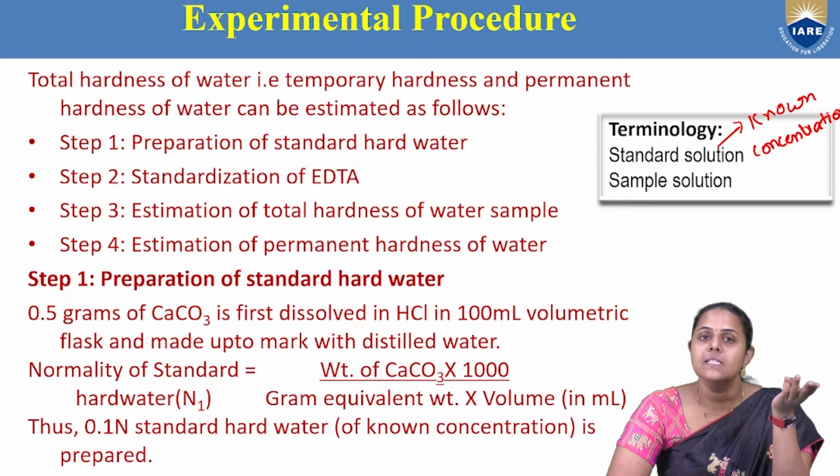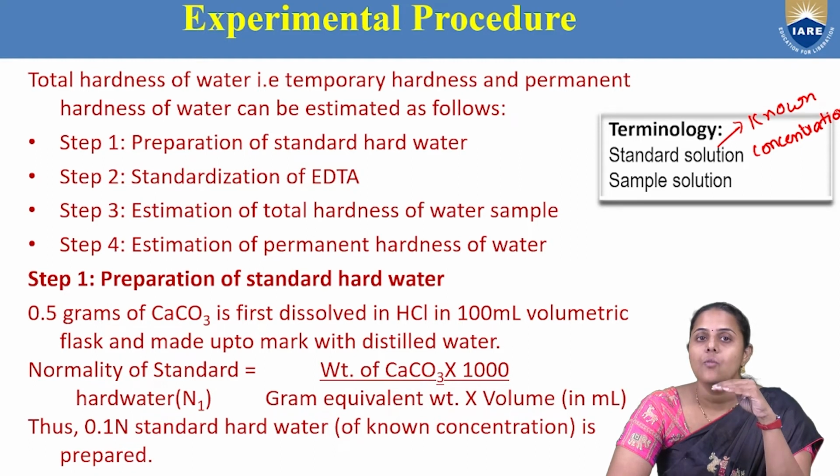The third step is estimation of total hardness of water, meaning permanent hardness and temporary hardness combined, which we will find out in the third step. The fourth step is estimation of permanent hardness of water.